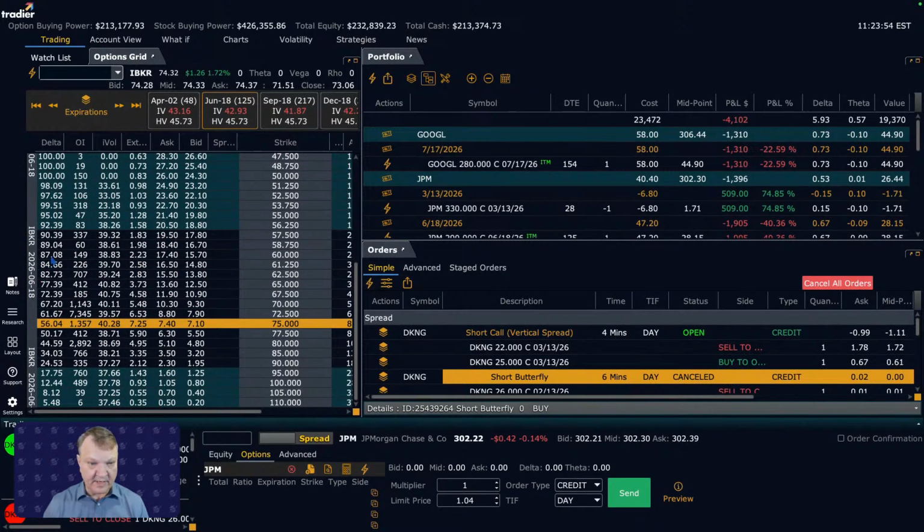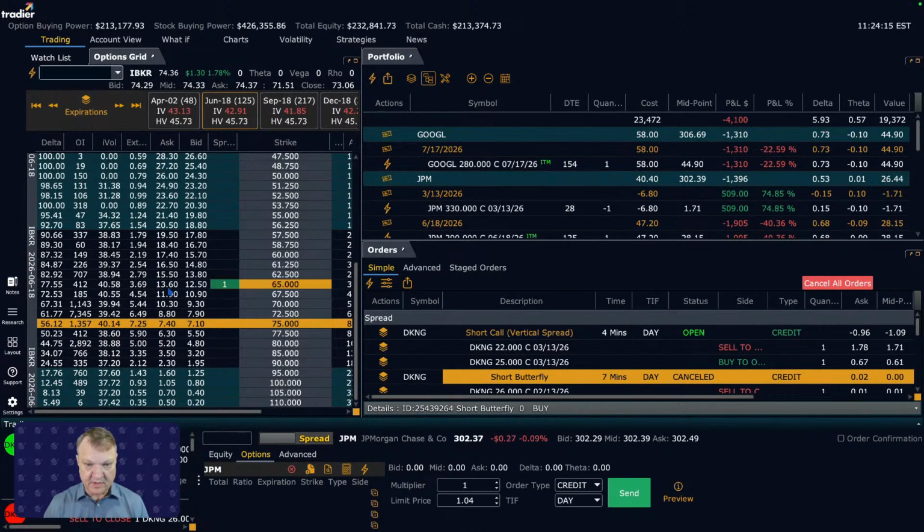I don't want to pay for that. We're going to look at the delta. The delta is right here, trading at 82 or 87. Open interest is 400. So this market's a little tighter.